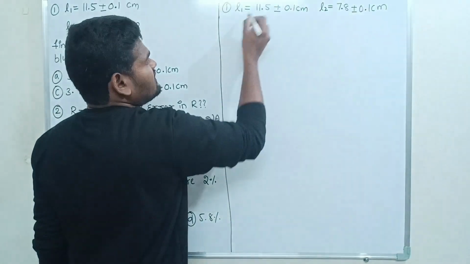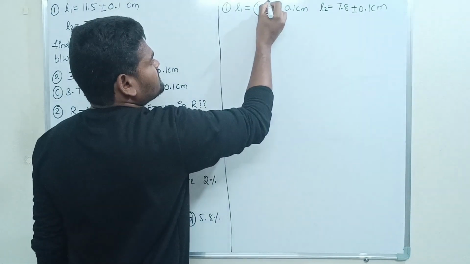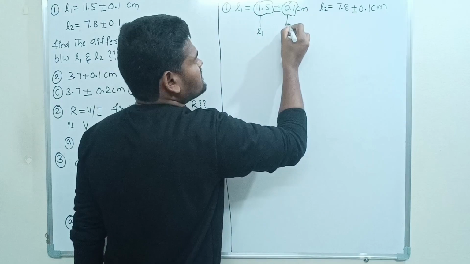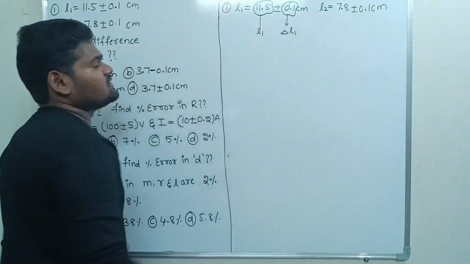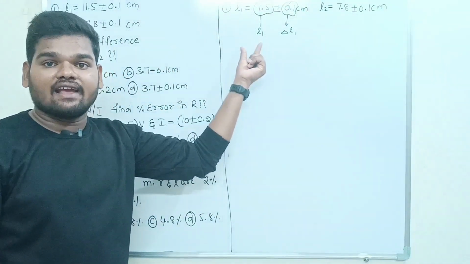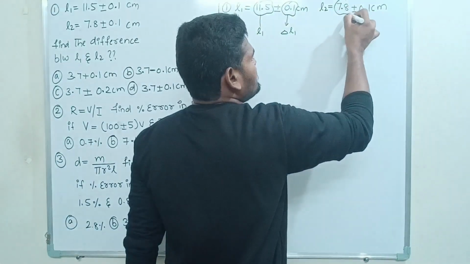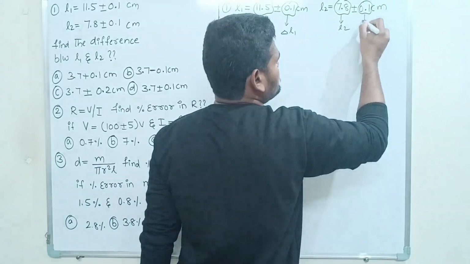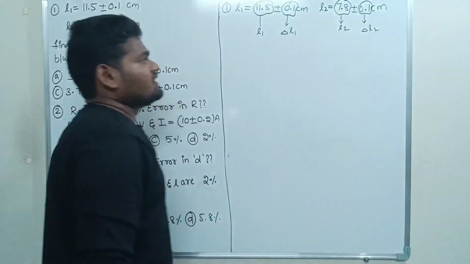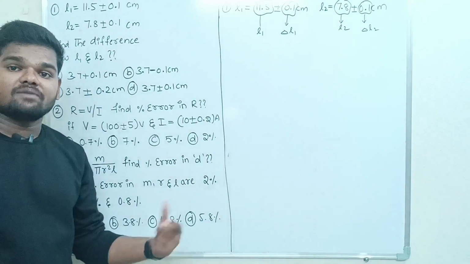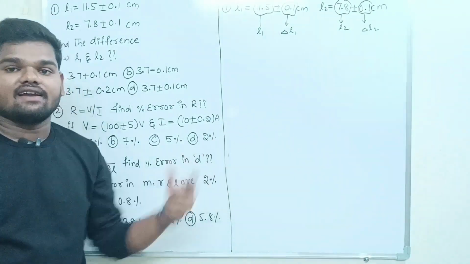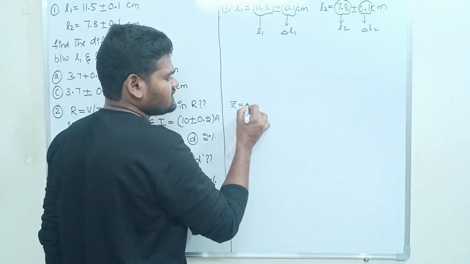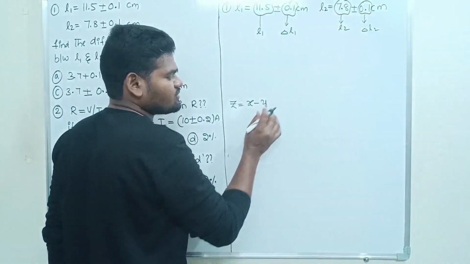Here 11.5 shows L1 and 0.1 shows delta L1. What is delta L1? The absolute error in L1. Here 7.8 shows L2, and again 0.1 shows delta L2, the absolute error in L2. In the second concept, combination of errors in case of subtraction, we solve like this: z is equal to x minus y.